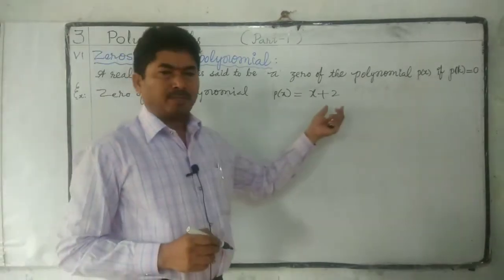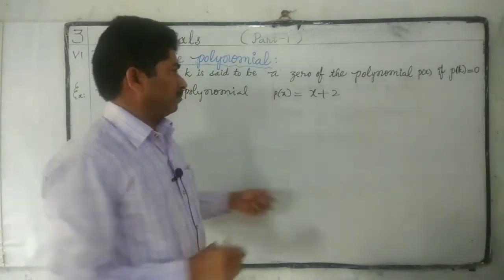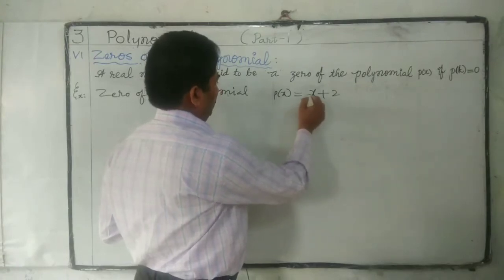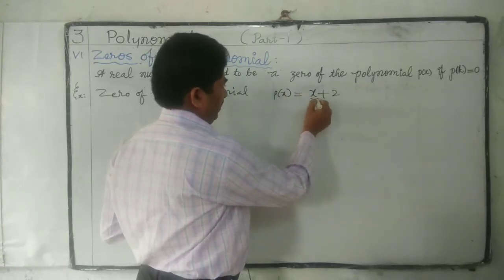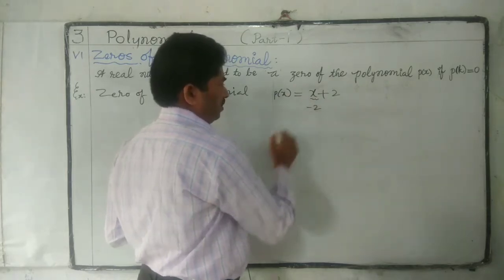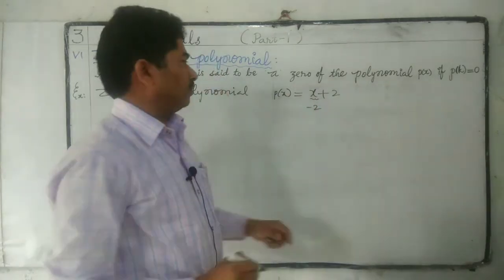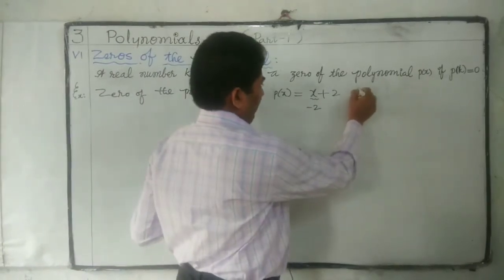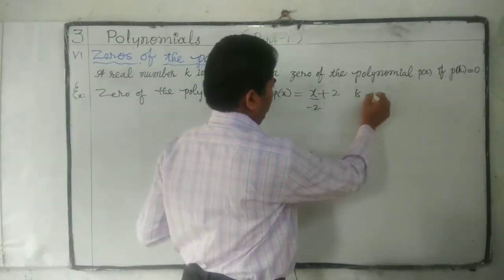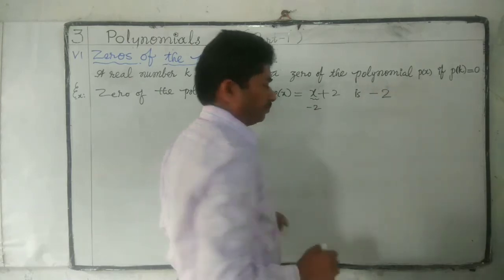This is a linear polynomial. So for this we can identify, if we substitute minus 2, we get 0. So by observation only we can identify the zero of the polynomial is minus 2.